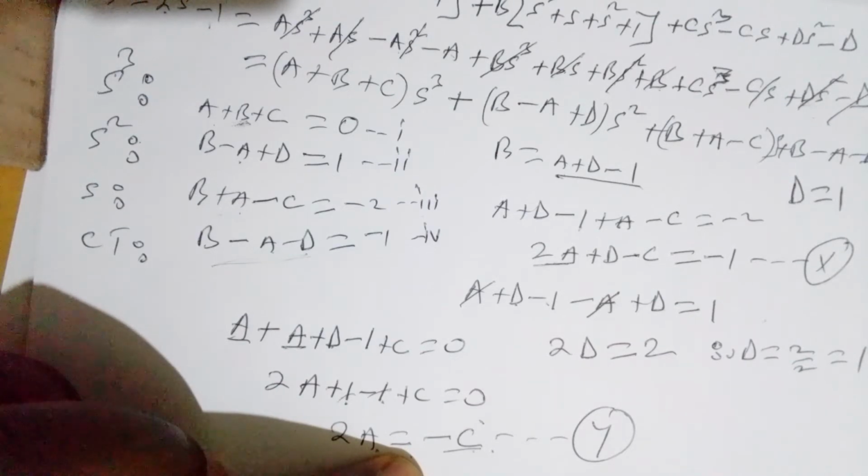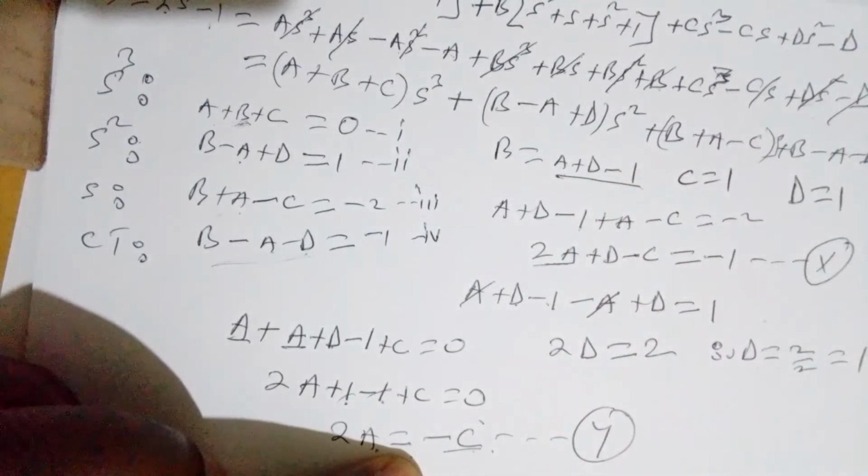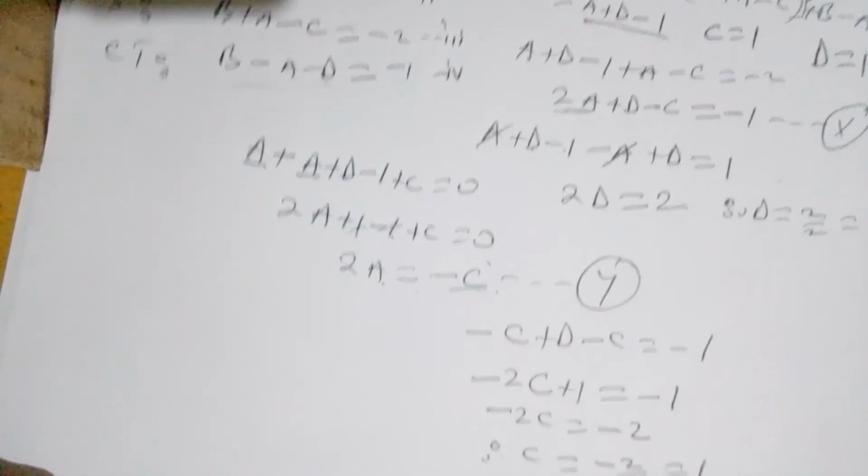So -2c equals, when 1 crosses the equal sign, it becomes minus, so it will be -2. Therefore, c equals -2 over -2, which equals 1. So c also equals 1.